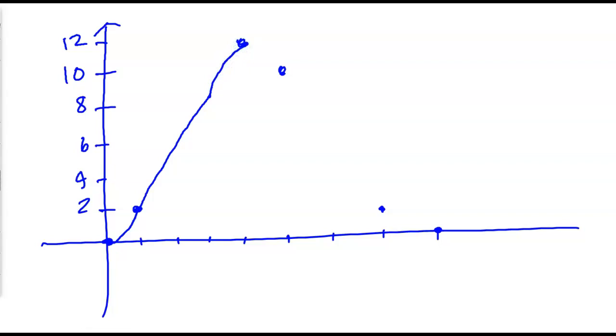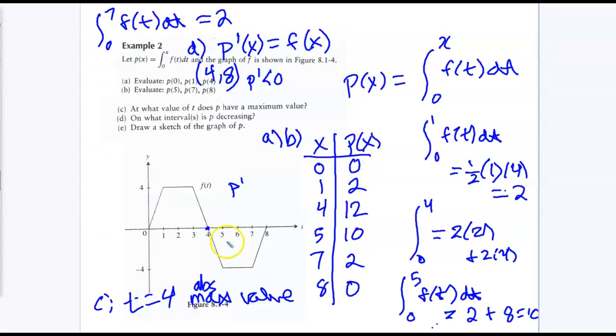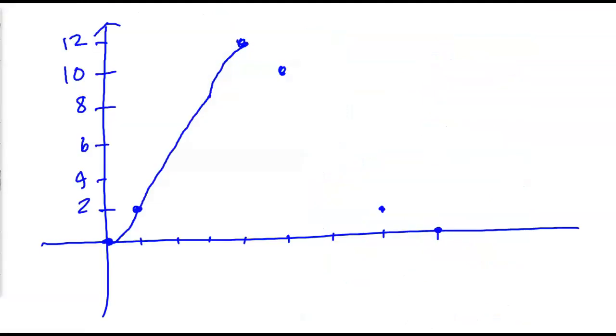And then from 4 to 5, it is decreasing in a concave down fashion.